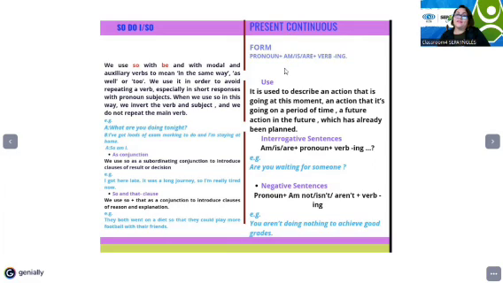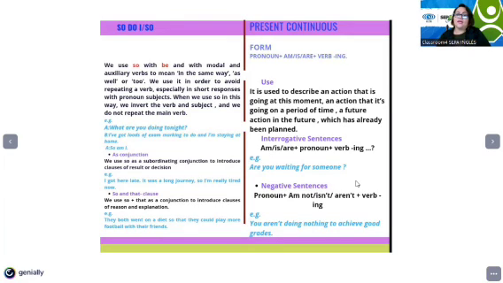Present continuous. We use the pronoun, is or are, and verb ing. It is used to describe an action that is going on at this moment, an action that is going on in a period of time, or a future action which has already been planned.